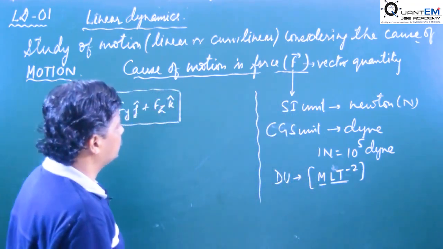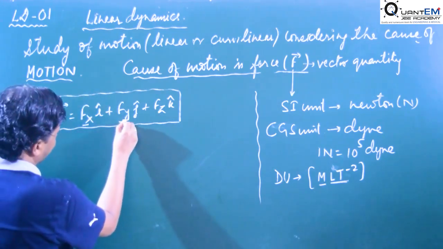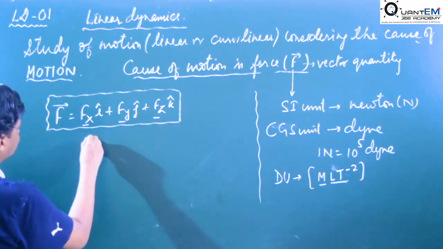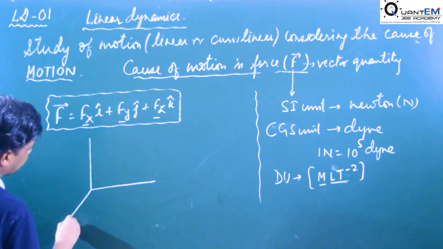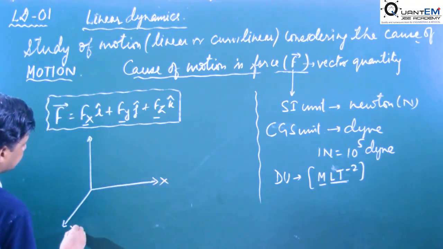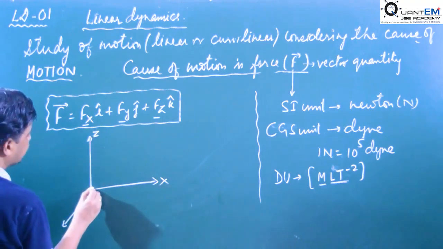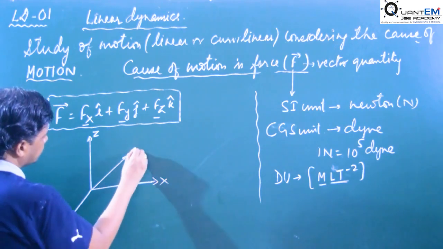Any type of force. Now Fx is the force along the x coordinate, Fy is the force along the y coordinate, and Fz is the force along the z coordinate. Suppose this is an XYZ coordinate system, and this is the force vector.